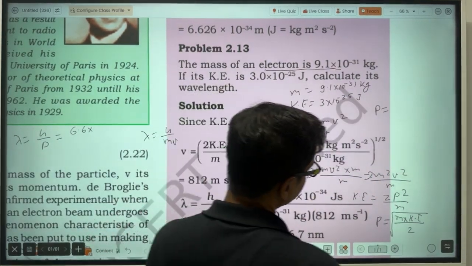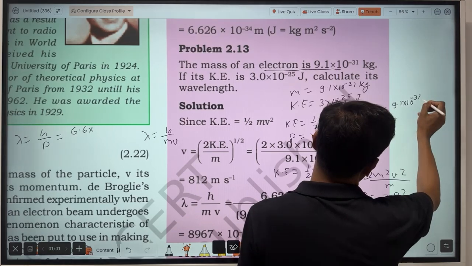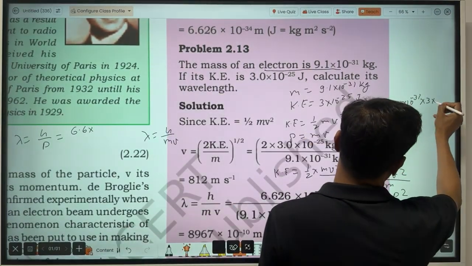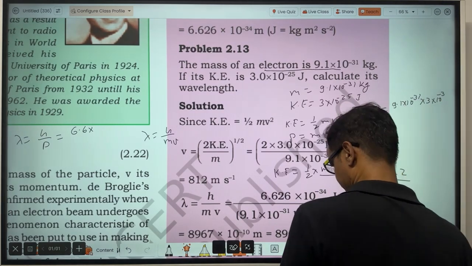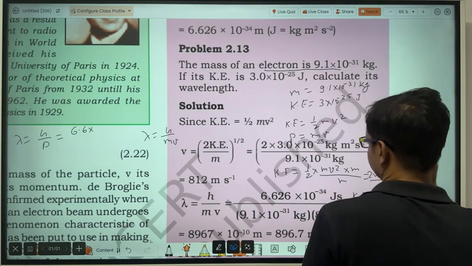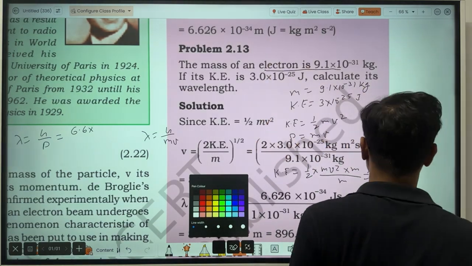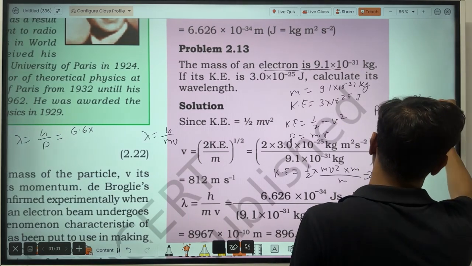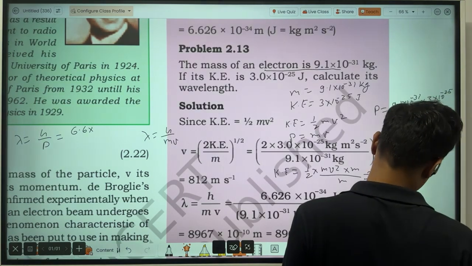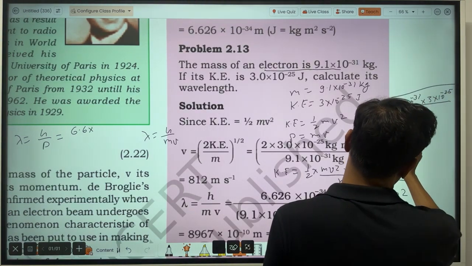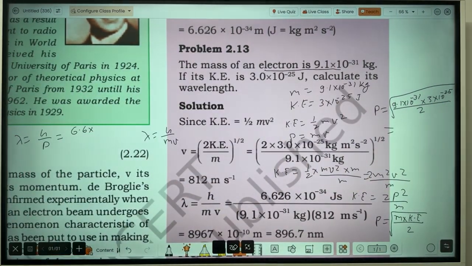Mass is given as 9.1 into 10 to the minus 31 kg, multiplied by the kinetic energy that is given. That becomes 13.65, and then you will have to take the square root.